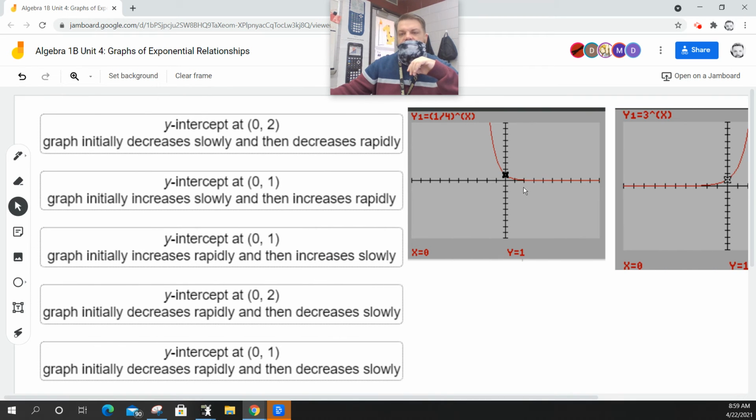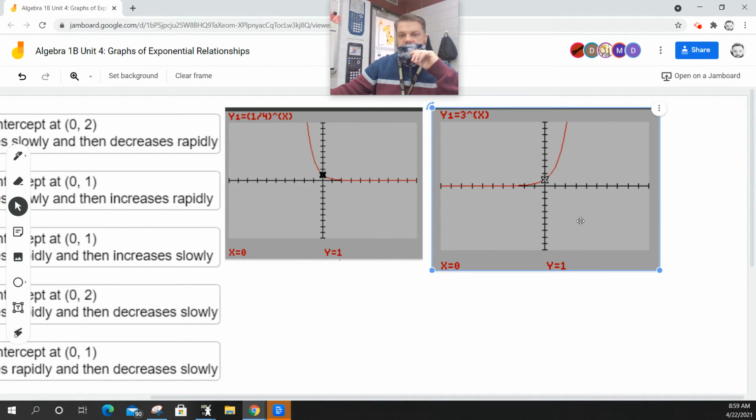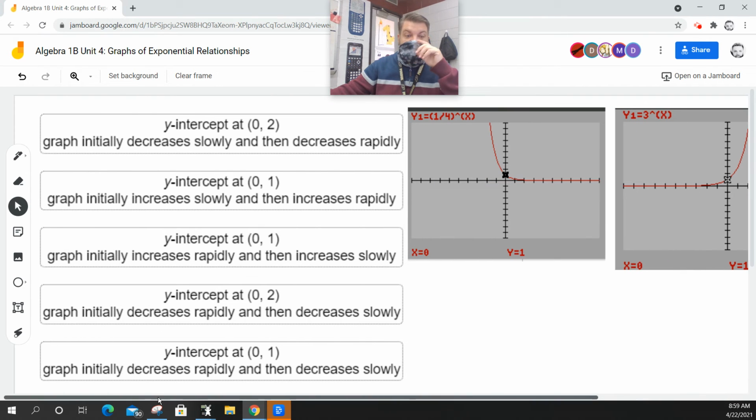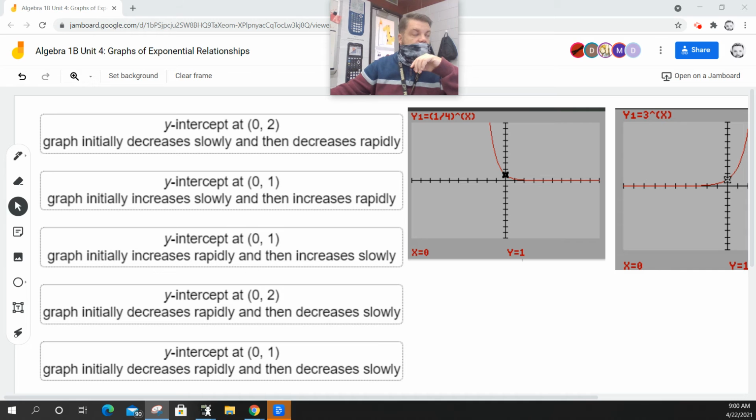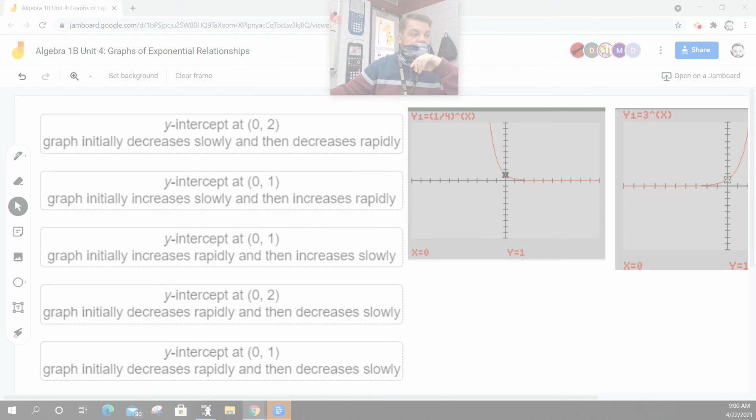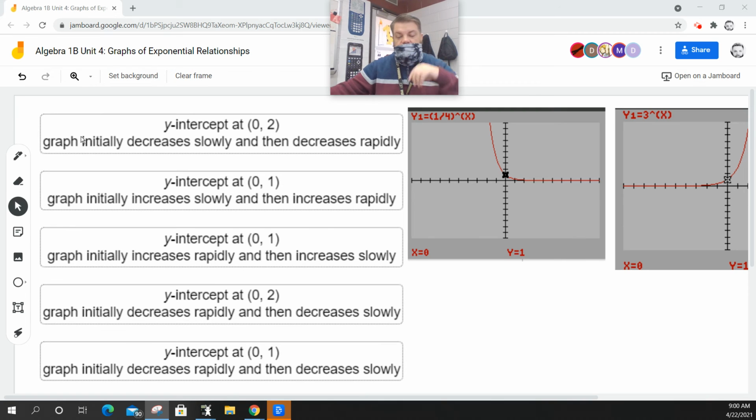So what does it look like it's doing there for that second one? This second function right here. If I look at this one, it's increasing. Does it start off increasing rapidly or slowly if I read it like a book left to right? Slowly. And then what does it do after it passes the y-intercept? Increases rapidly. So our y-intercept is 0, 1, and then the graph initially increases slowly and then it increases rapidly, right?